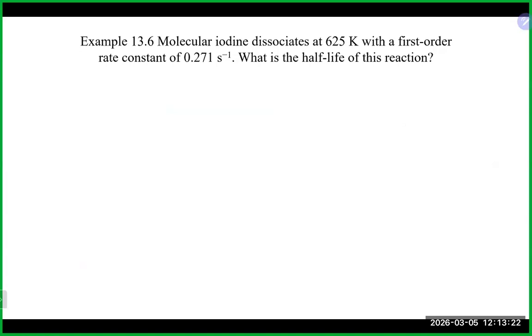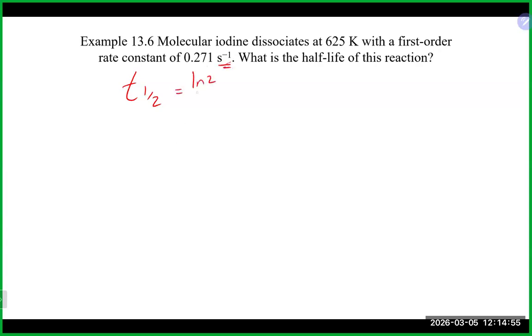All right. Molecular iodine has a rate constant of 0.271 reciprocal seconds. What is the half-life of this one? Once again, we know it's definitely first order from the rate constant units.